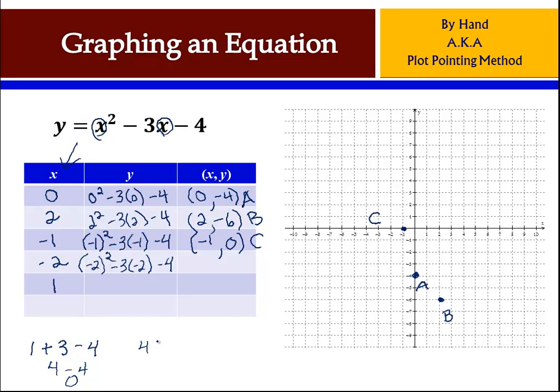So that's going to be a 4 plus 6 minus 4. That's going to come out to be 6. -2, 6. It's up here. We'll label that point D. And we're starting to get an idea of what the shape might look like on this side, but I'm not sure what's going on out here.